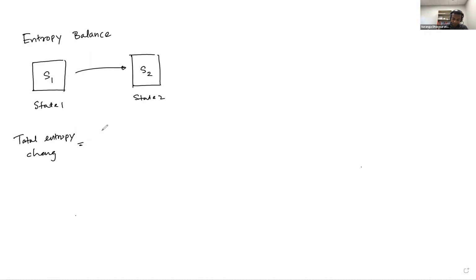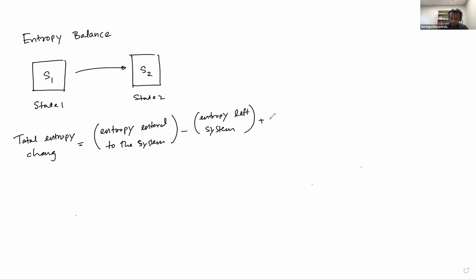change is equal to entropy entered through the system, minus entropy left the system, which is some kind of entropy transfer, and there's entropy generation as well because of irreversibilities.